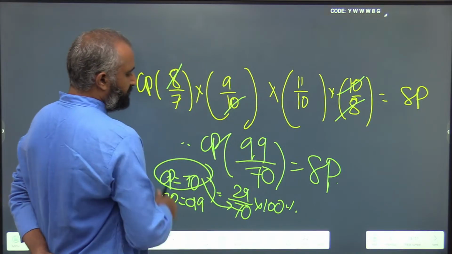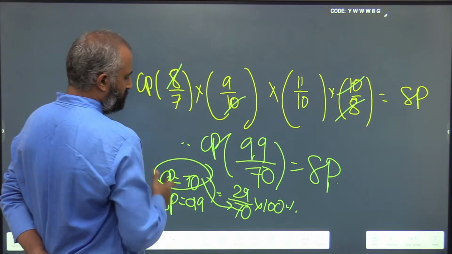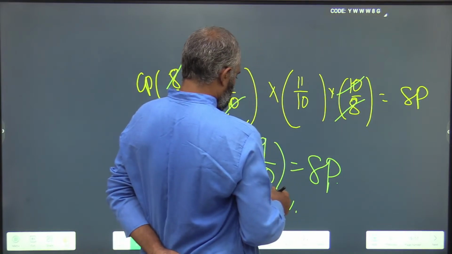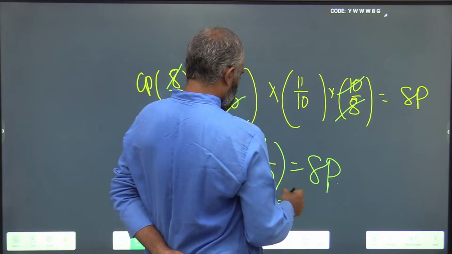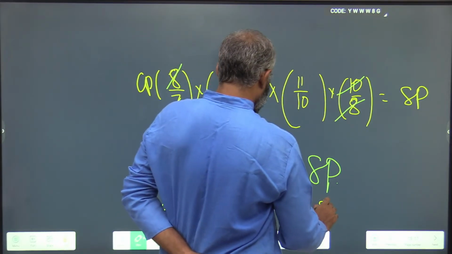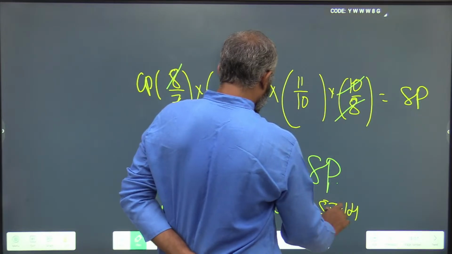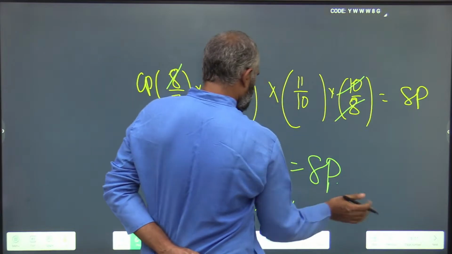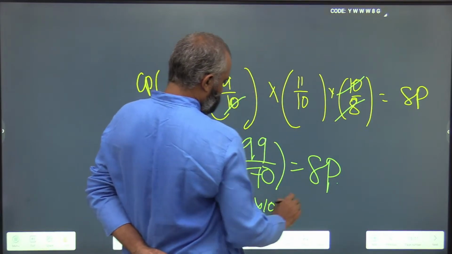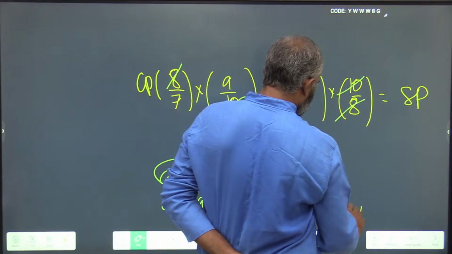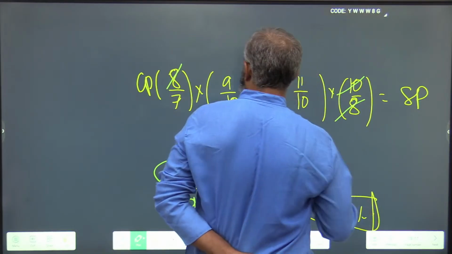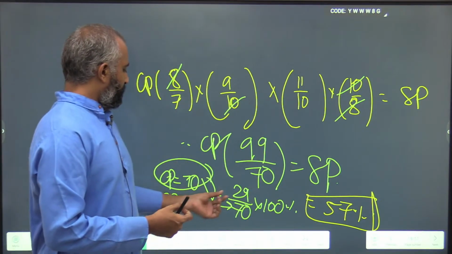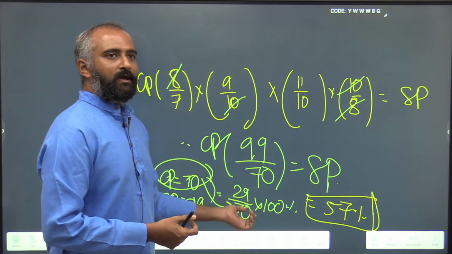If it would have been 3 by 7, it would have been 57.14%, but since this is less, approximately the profit percentage is 57%. 3 by 7 is nothing but 57.14, but here it is 1 unit less in 70 parts.